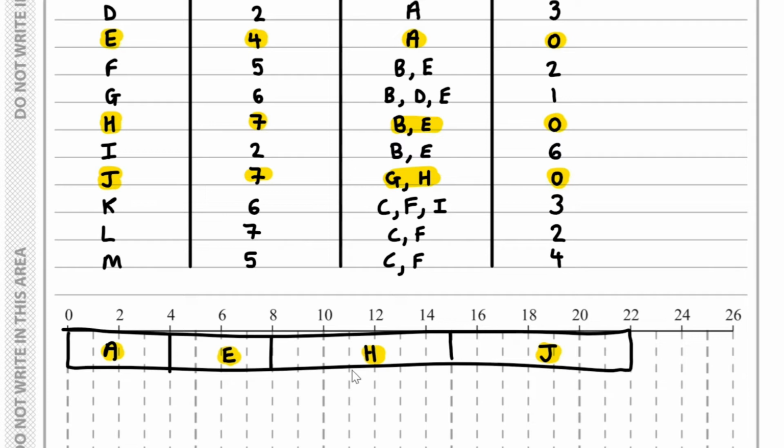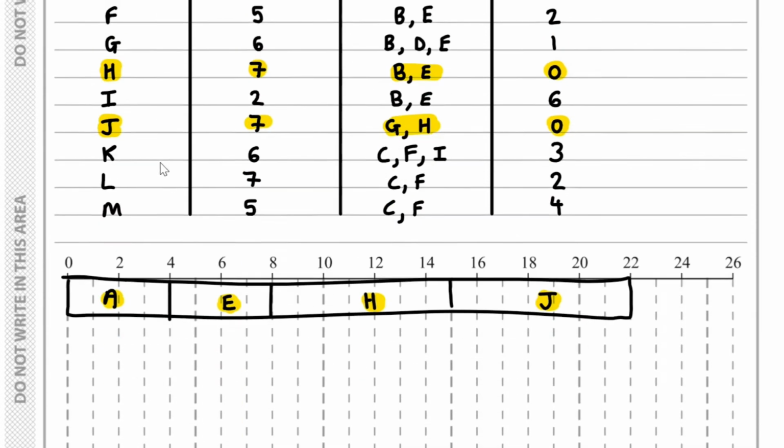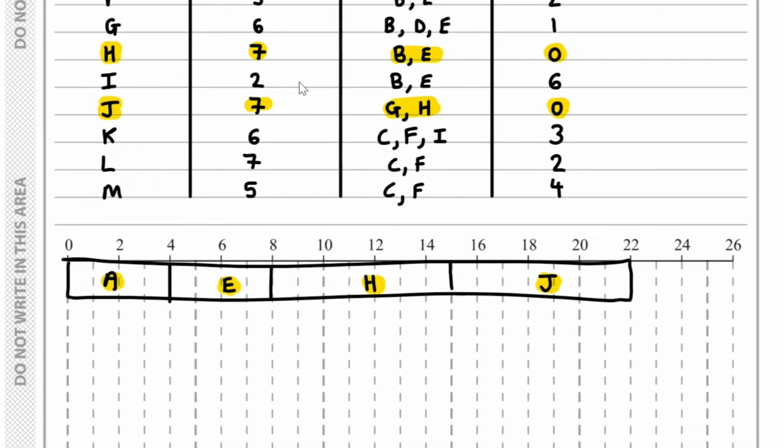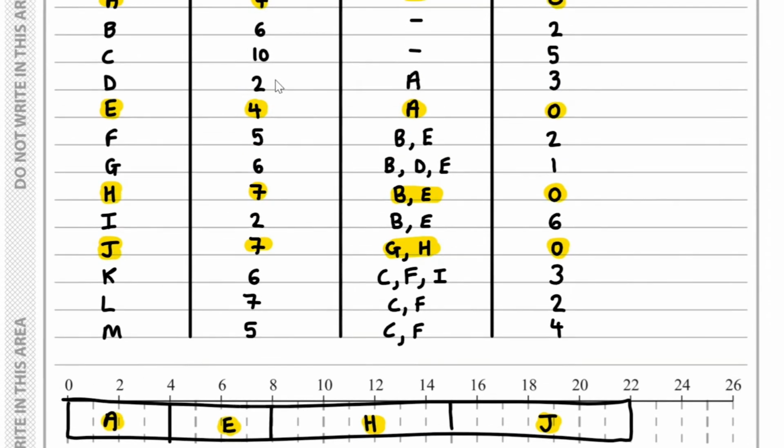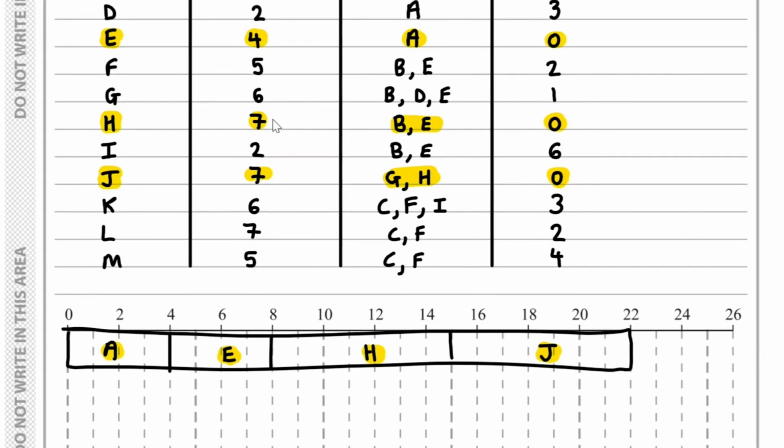Now, B and C depend on no activities. We've got 6 and 10 respectively. So here we've got B and C. That takes us up to 10.